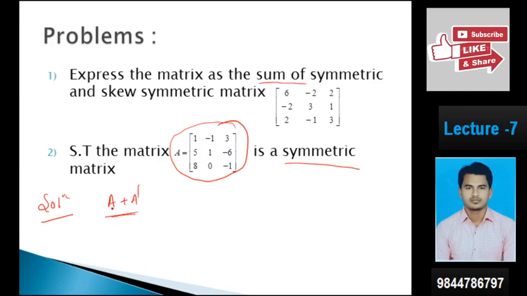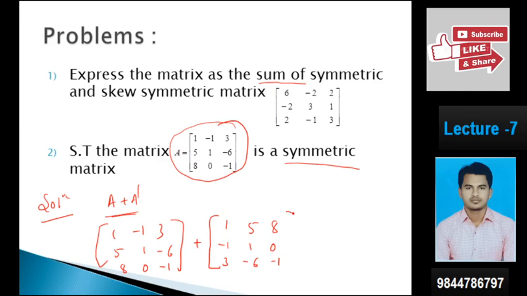If the sum of these two is symmetric, yes, the given matrix A is symmetric. A as it is: 1, minus 1, 3; 5, 1, minus 6; 8, 0, minus 1. A plus A transpose: the same matrix plus this A dash.